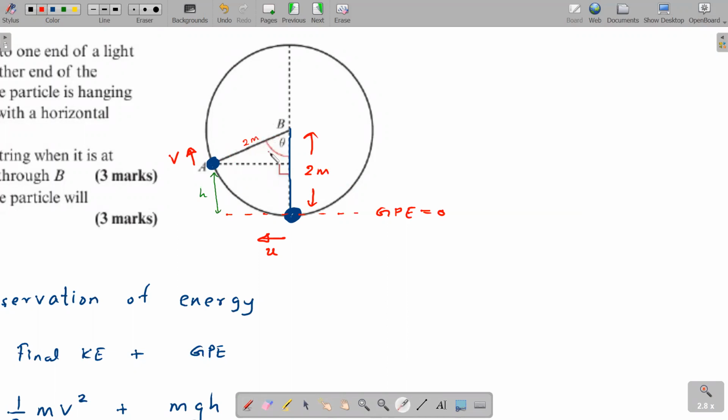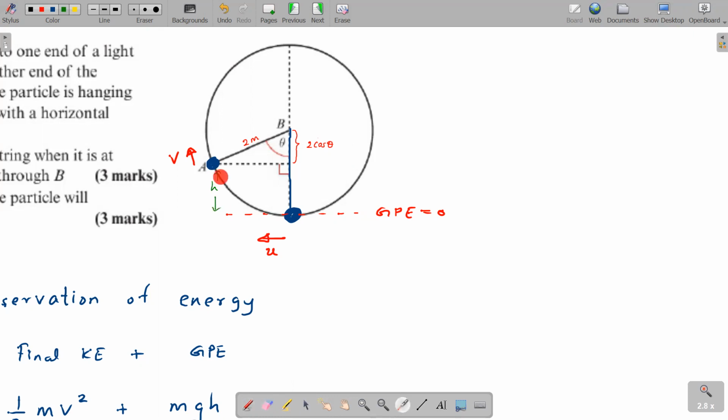So you can resolve this. Let me erase this part. You can see that this length is 2 cos theta, and this length is 2 sin theta. I'm interested in the vertical height, the value h.